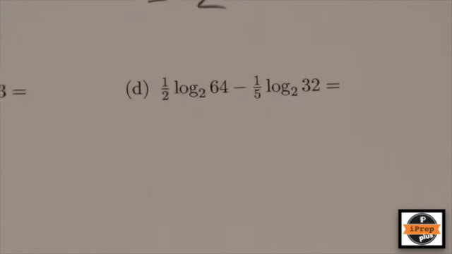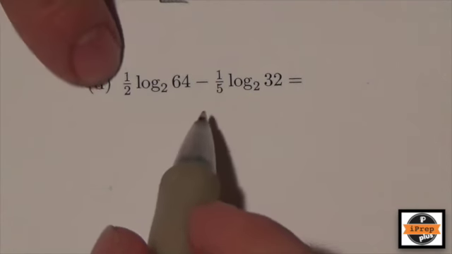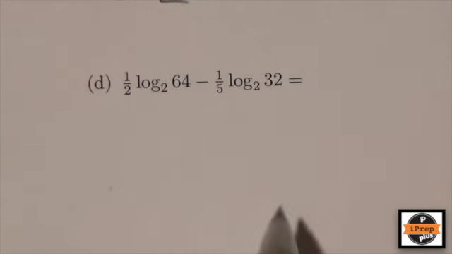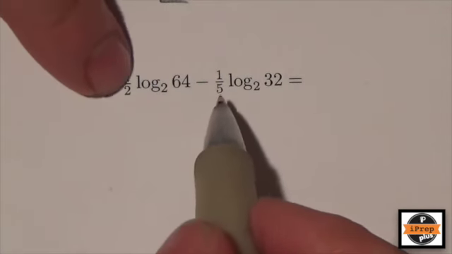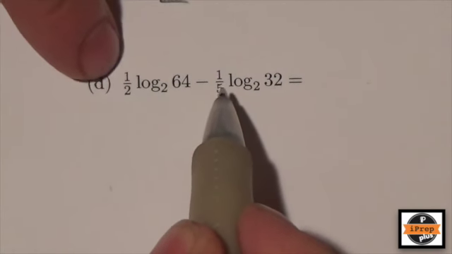Now, this next question is the one that truly is the 2 steps to 1 log. The first step has got to be to remove the coefficients. I have to move those out of the way before I can combine those logarithms together. Before I can deal with the subtraction, I have to deal with the multiplication.